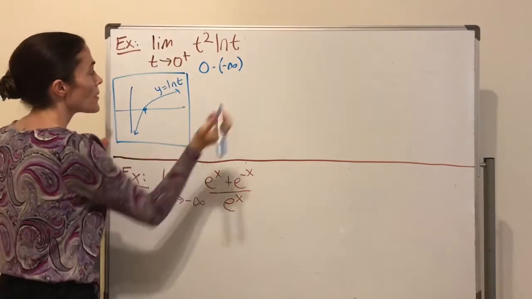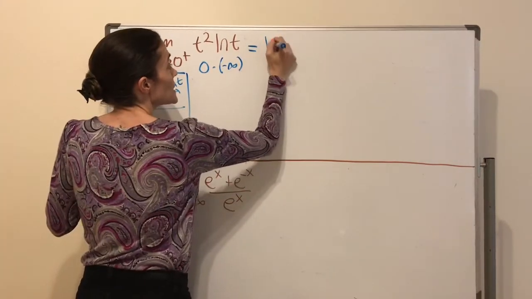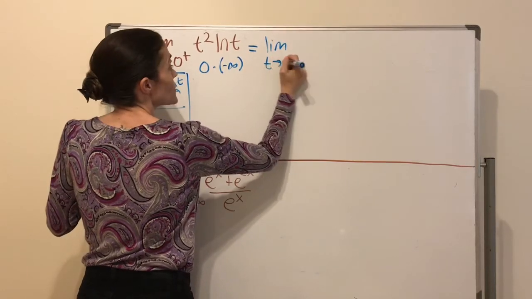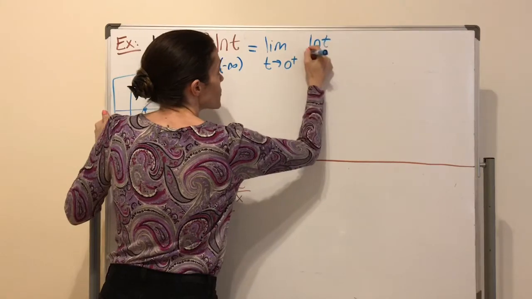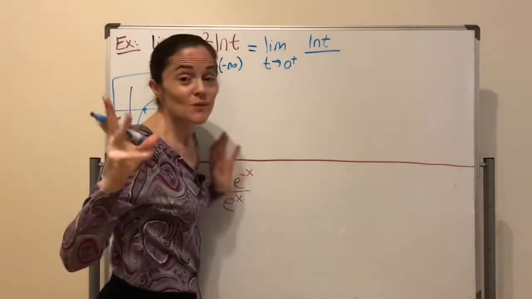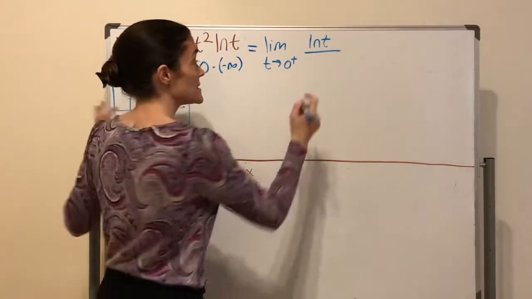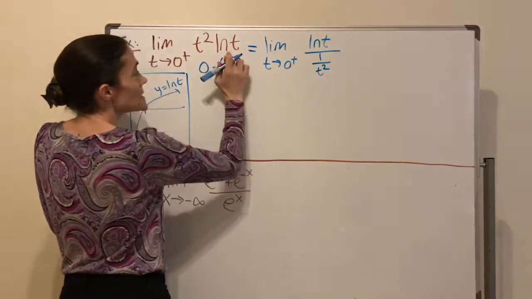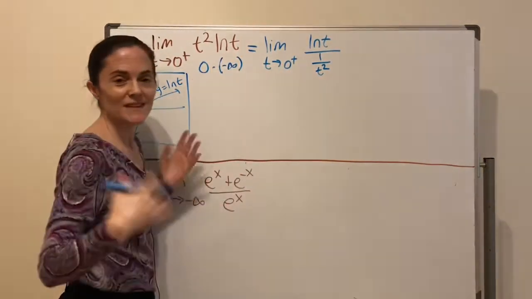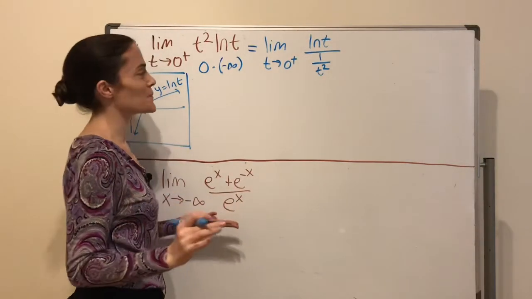I'll put that in a box maybe. This would be a limit as t approaches 0 on the right. I'll put the ln t in the numerator, and then I will move the t squared into the denominator like this. You see, these two are equal using, say, properties of exponents.